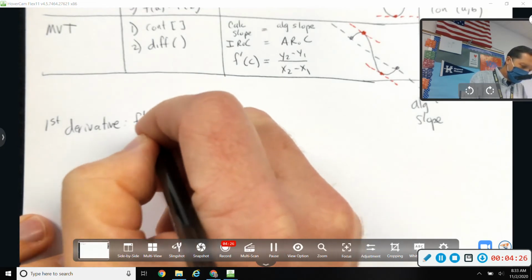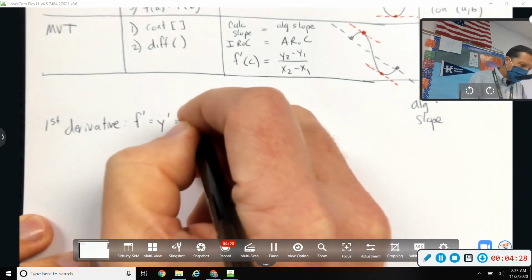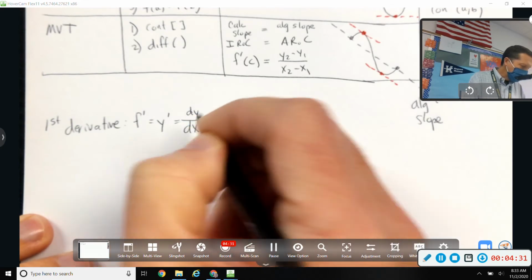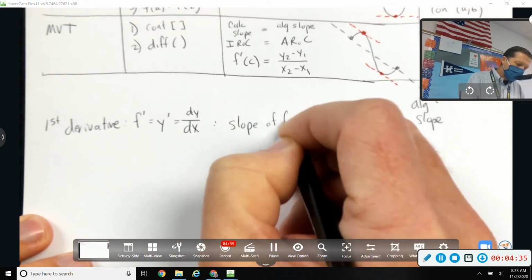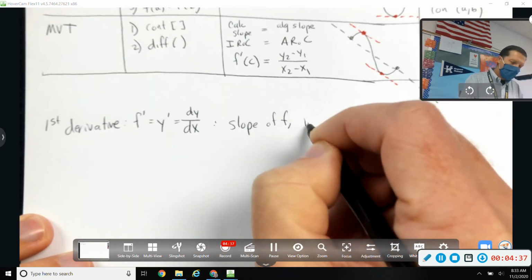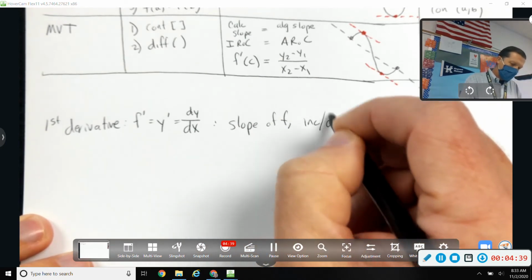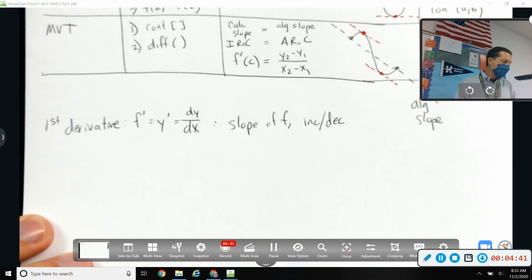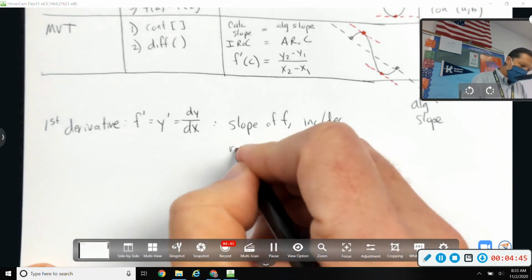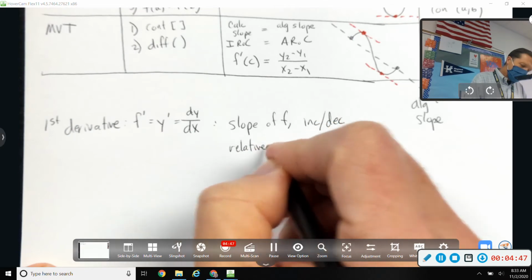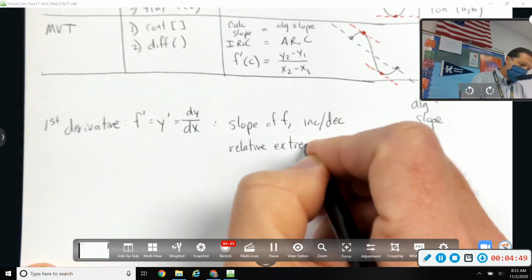f prime or y prime or dy dx all mean the same thing. Well, it would tell me the slope of f. That in turn tells me where f is increasing and decreasing. I can use it to find relative extrema.